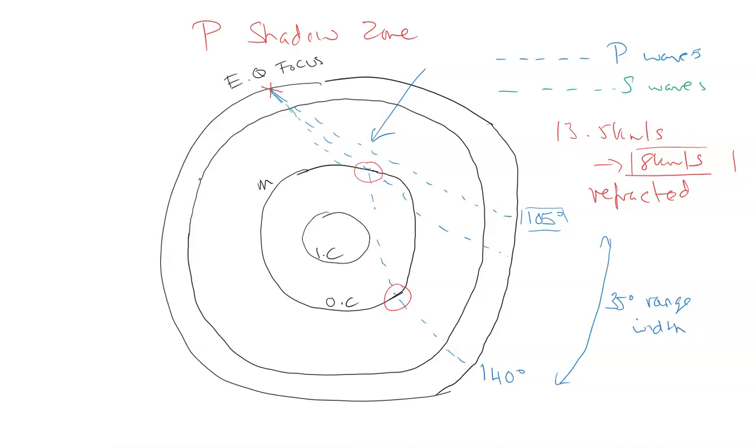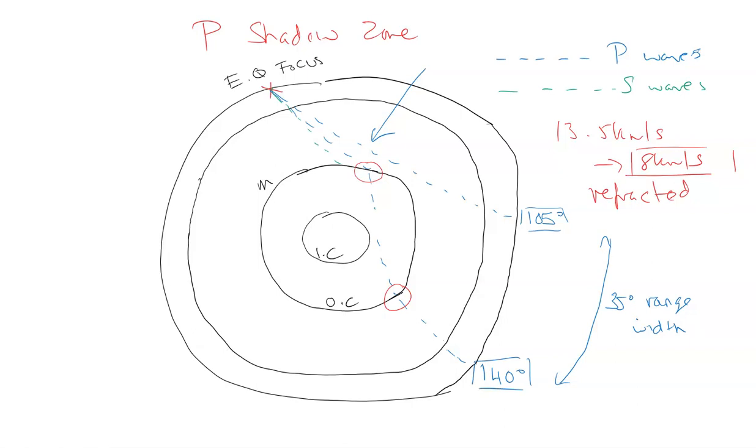But because the outer core is liquid and there's a change in the P wave velocity, let's erase that a second. What you have is this refracted bend to the P wave going through the outer core that comes out here at 140 degrees.